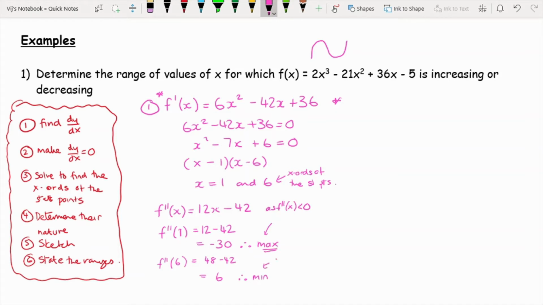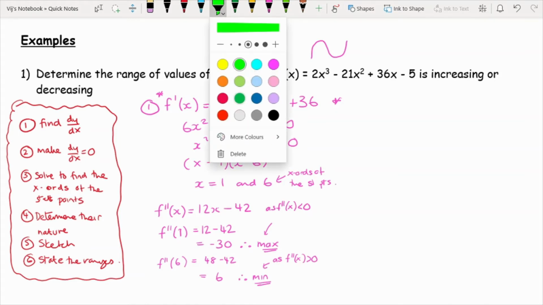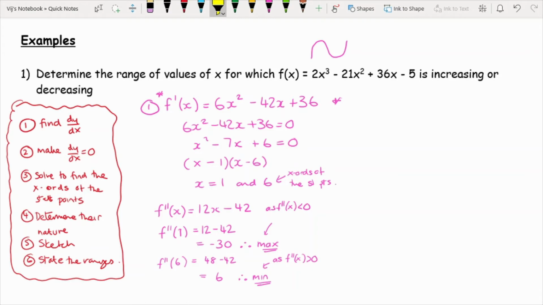And here what I should have written is as f double dash of x is greater than 0, therefore it's a minimum. It's just really good practice to get into the habit of that. But like I said, when you know what you're doing and you're in a rush to get these questions done as quickly as possible, you can sometimes forget that you can get marks for stating just those things.